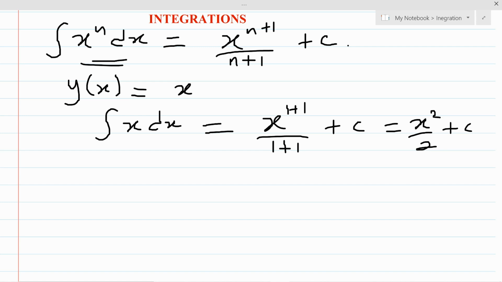Alright, now let's move on to a very tricky one, okay. What if I have y of x equals, let's say, a certain constant? Let me put 2 there, okay. How do I go about this? Remember, if I say it is in terms of x, it means the power of x was what?